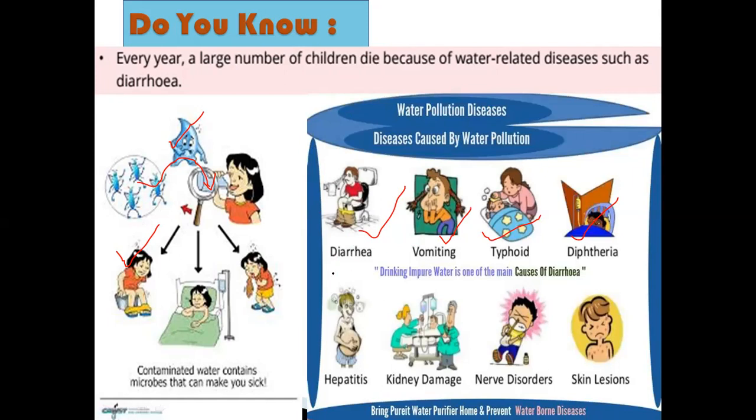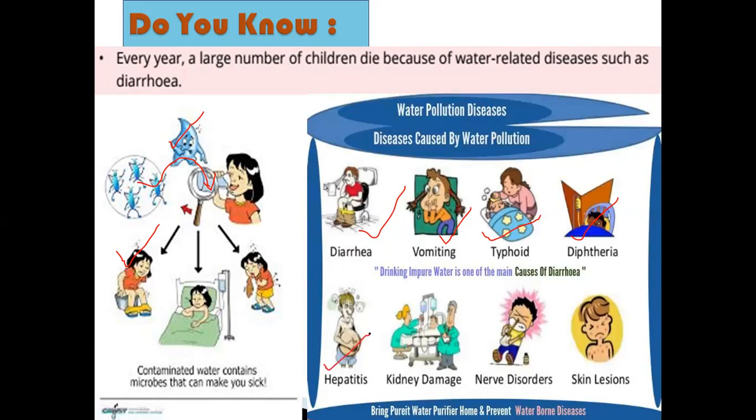With diarrhea, lots of water is excreted out from the body in the form of loose motion. So the body of that person becomes dehydrated, and due to dehydration the person can die.